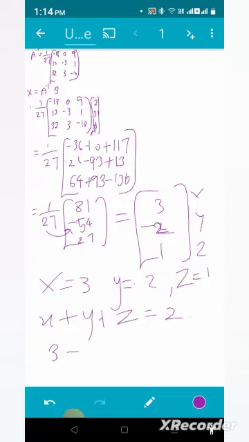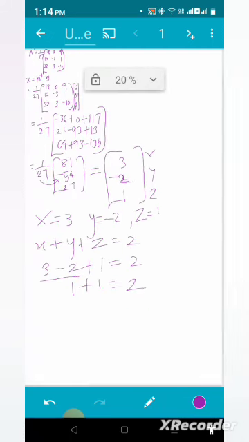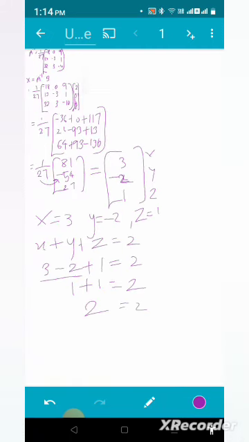So 3 minus 2 plus 1 is equal to 2. 3 minus 2 is 1, 1 plus 1 is equal to 2. So 2 is equal to 2. The left hand side and right hand side give the same value. Hence we can prove the x, y, z values.